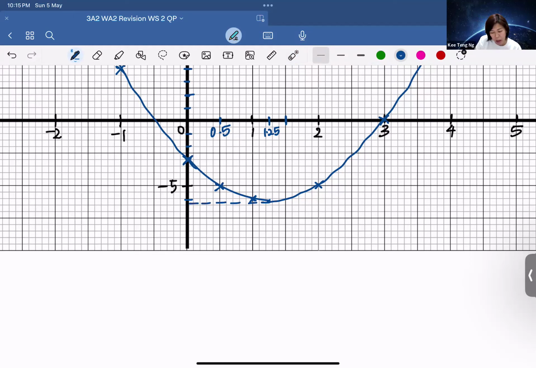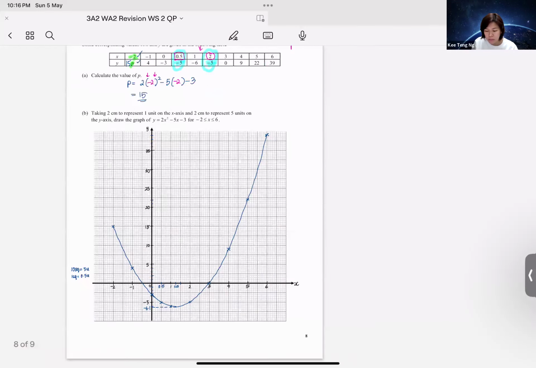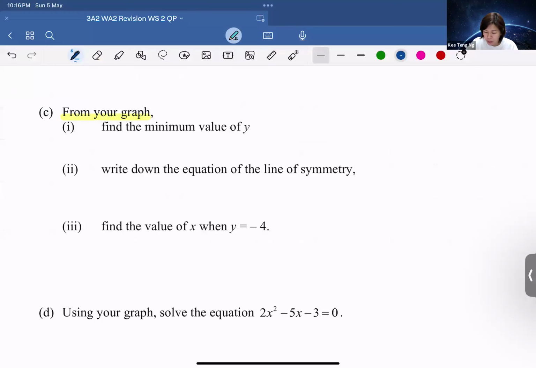So it will be negative 6.1 or 6.2. Because the graph they draw may or may not be that accurate, you can roughly use negative 6.1 or negative 6.2 within range. They want the minimum y value. Because in this case I calculated the number, I know that it's near negative 6.1, so I'll put negative 6.1 as my answer.